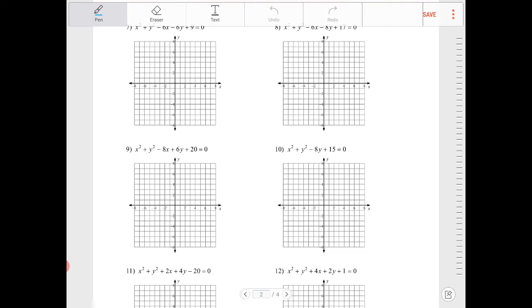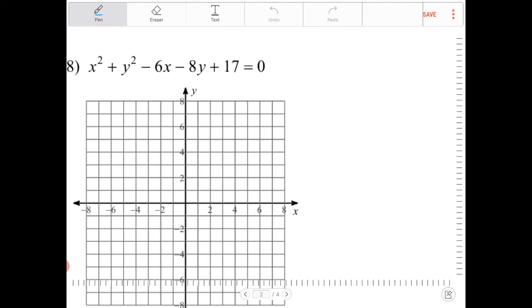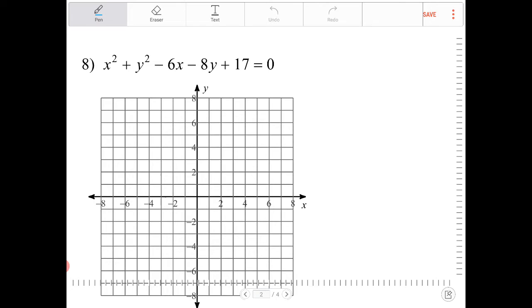This time, the equation is written in this form, where things don't look quite as nice. Here, in order for us to identify where the center is and what the radius is, we'll need to complete the square. So I have x squared minus 6x.